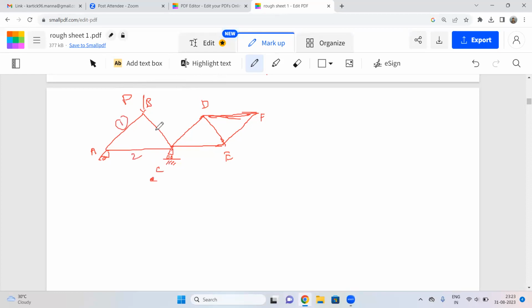That is suppose 1, 2, 3, 4, 5, 6, 7, 8. Total 8 members are here, right? So can you tell me what will be the forces in the members DF and EF?